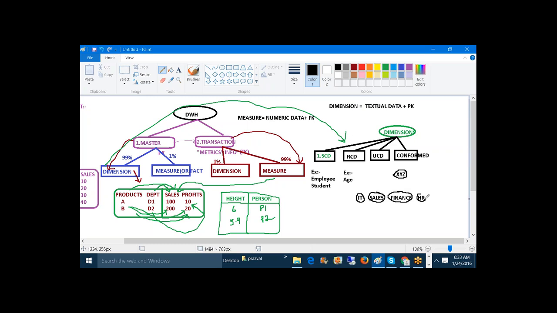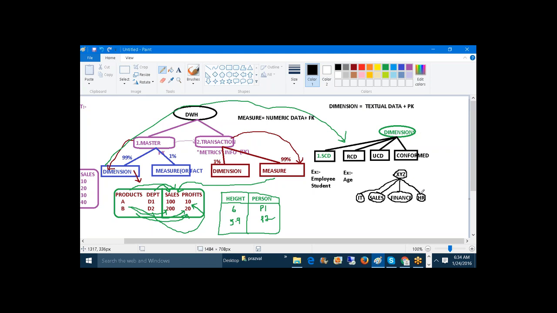So here IT is one business segment, sales is one business segment, finance is one business segment, and similarly HR is also one business segment.